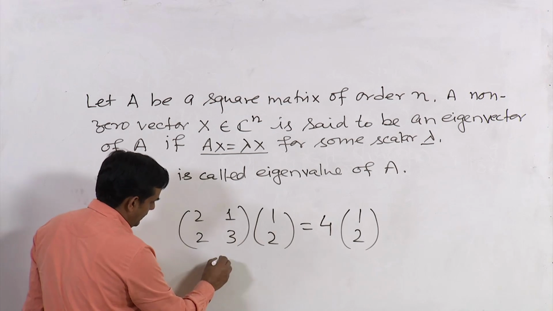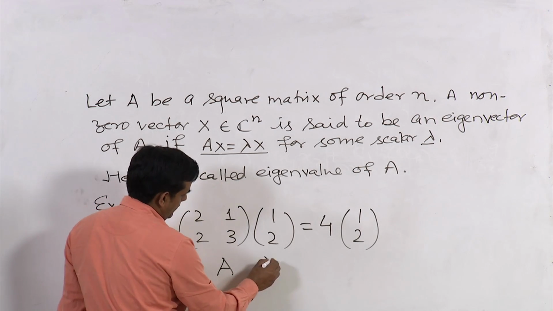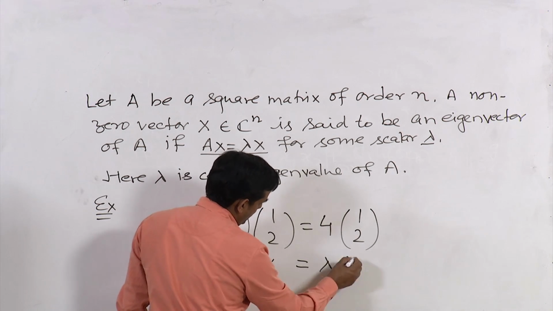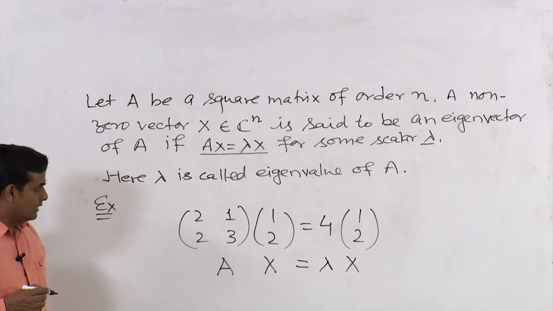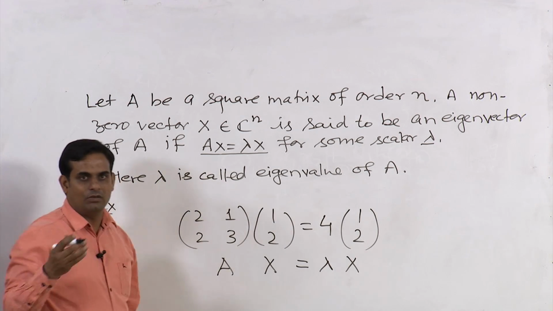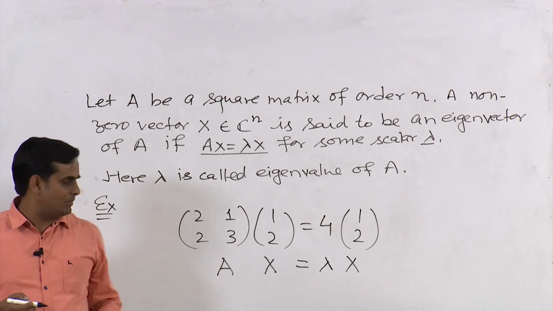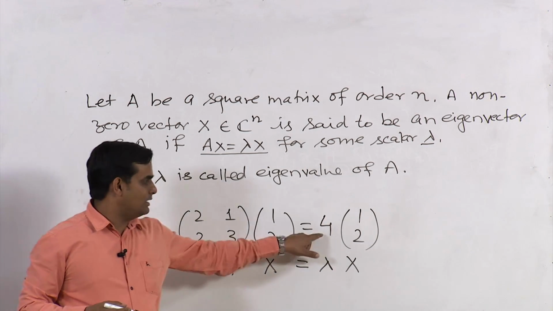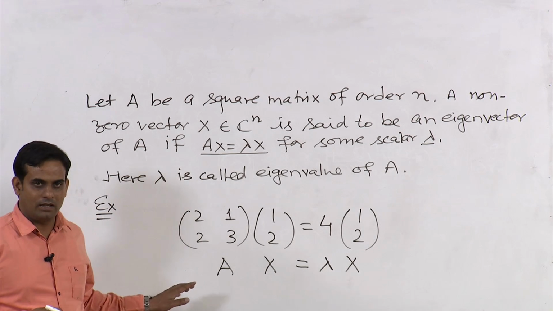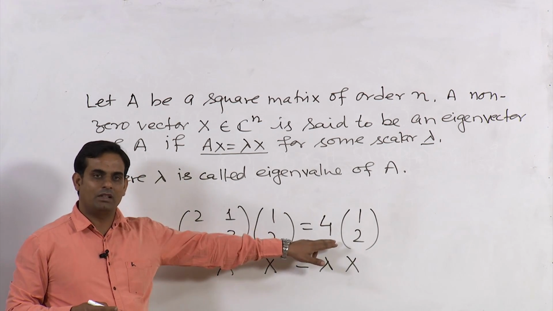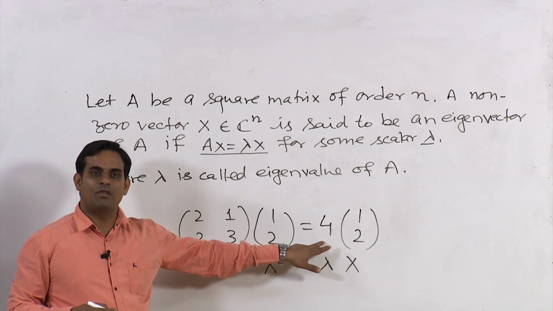So, this is my matrix A, this is the eigenvector x, and this equals lambda times x. So, it means this particular vector (1, 2) is an eigenvector of this matrix A, and 4 is an eigenvalue of A, and this eigenvector (1, 2) corresponds to eigenvalue 4.